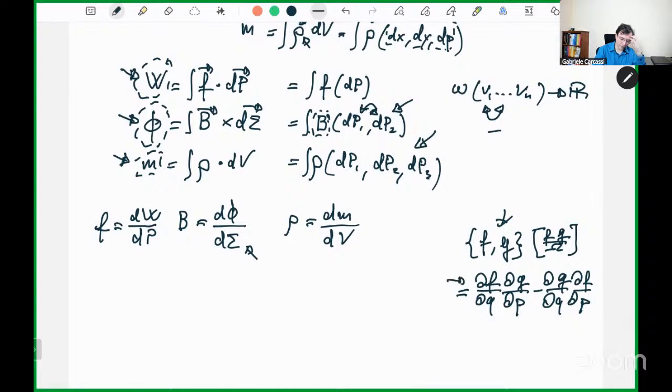So on top, you have the products of the units of F and G, clearly. And on the bottom, you have the product of Q and P, right? And you see already this notation hides that. You wouldn't be able to see that if you weren't doing this. So this is kind of a density of units of F and G over units, areas of phase space.